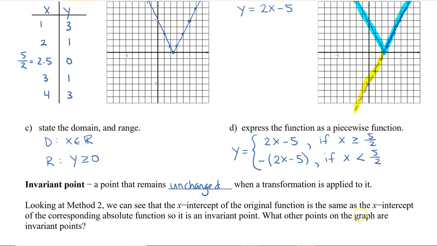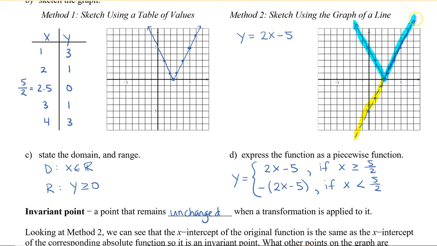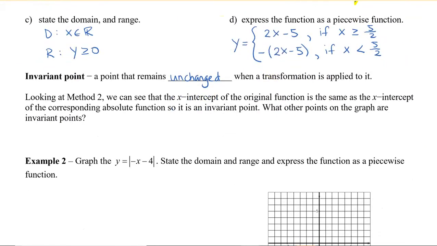So what are the invariant points in the graph? If you take a look at the graph, all the points that were positive already right here are also invariant points. So we can say that all x's greater than or equal to 5/2.